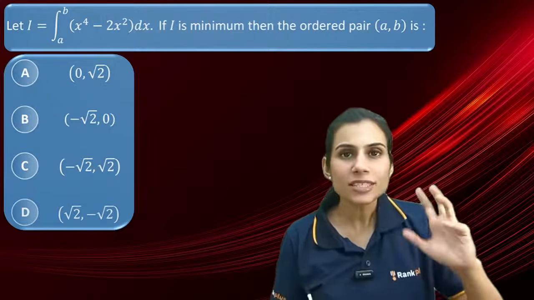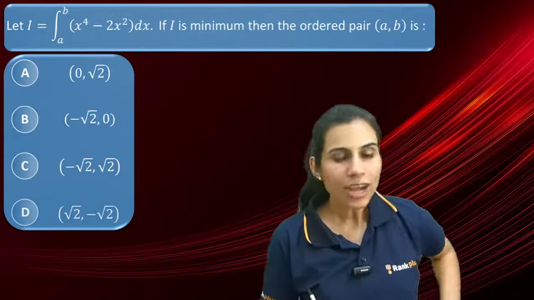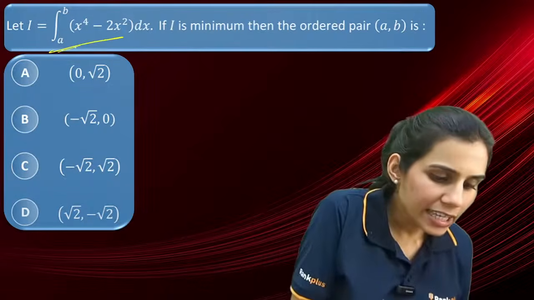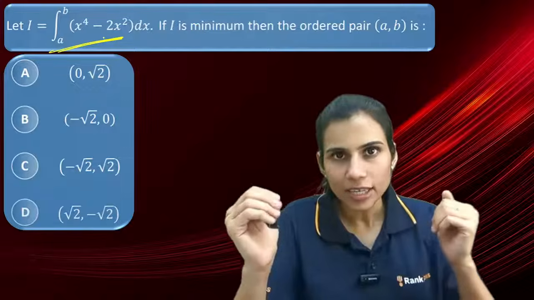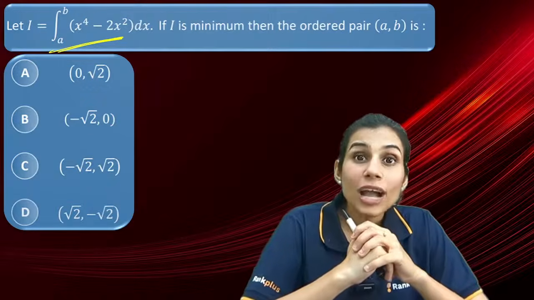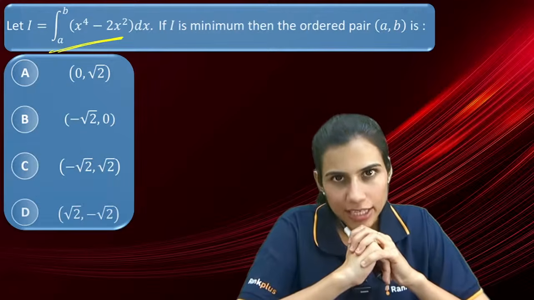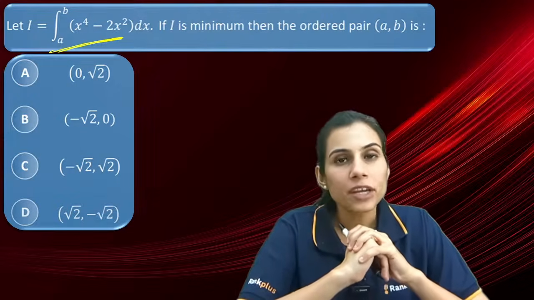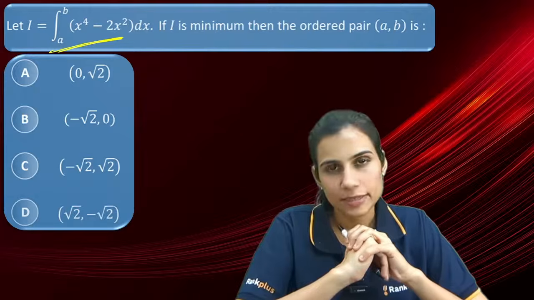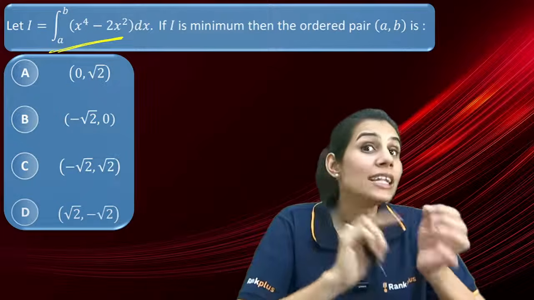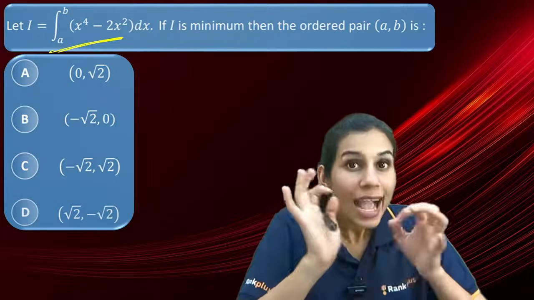Now see, when you say I is minimum, you have to realize what I gives you, any definite integral. What does it give you? It gives you the algebraic sum of the areas of the region bounded by the curve and the x-axis. Yes or no? But algebraic sum, I've told you, algebraic sum.